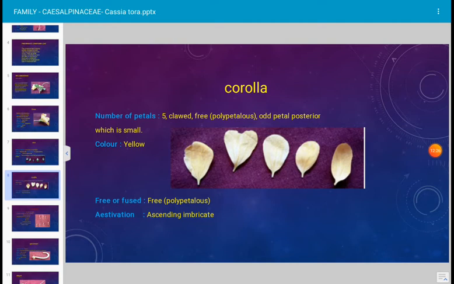Such an arrangement of the petals in the corolla is described as ascending imbricate. What is estivation? The arrangement of the petals in the corolla.